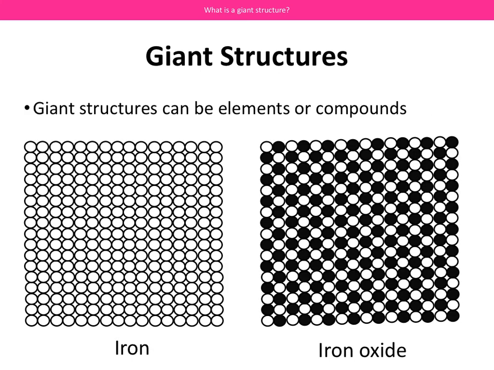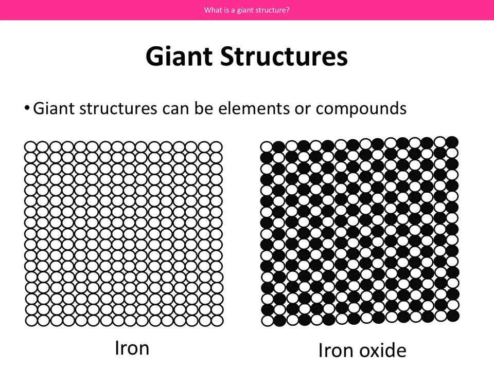Now, giant structures can be elements or they can be compounds. So on the left, we've just got one type of atom, and we're just using that atom to represent iron. And on the right, we've got 2 types of atom. We can clearly see they're bonded or chemically combined. This is just a representation of iron oxide.